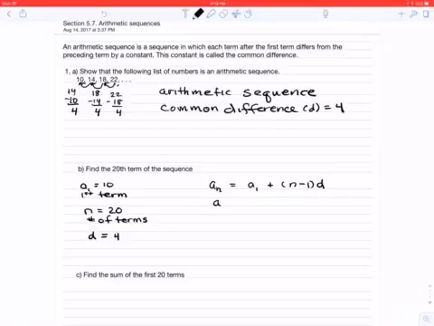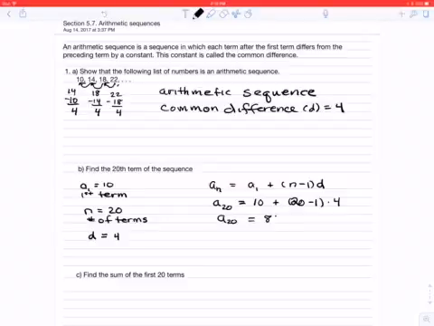So the 20th term is equal to the first term, which is 10, plus n, which we said was 20, minus 1, times the common difference of 4. So the 20th term is 86.